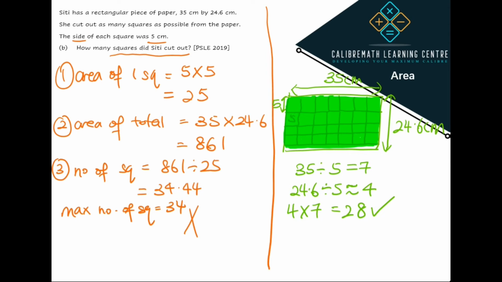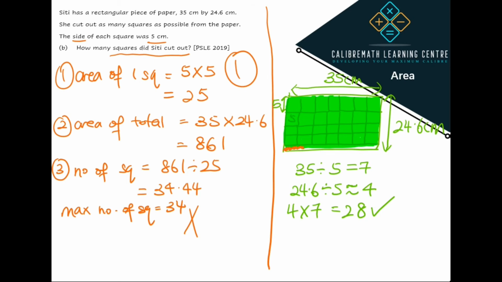Now, back to the first method that we did just now. Why is it that the first method gave us a different answer, an answer that is more than the actual answer? If you are doing method 1, let me bring your attention to this small bit at the bottom.